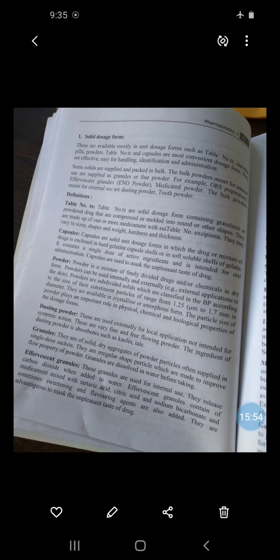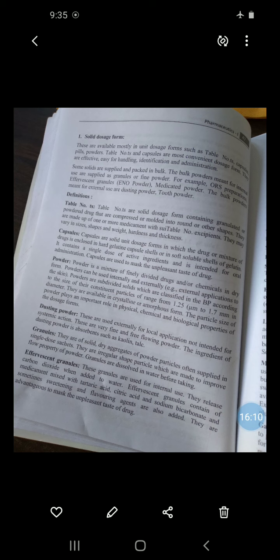Next, granules. So what are granules? They are solid dry aggregates of powder particles, often supplied in a single dose sachet.